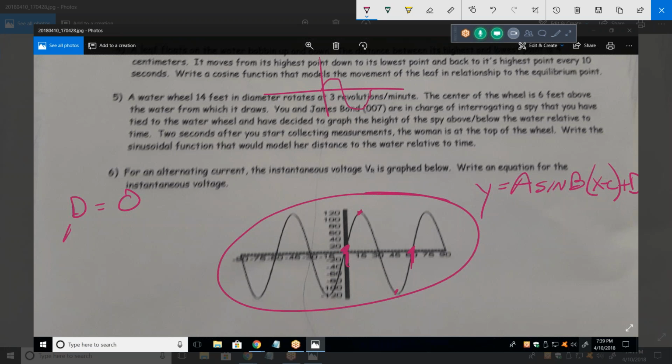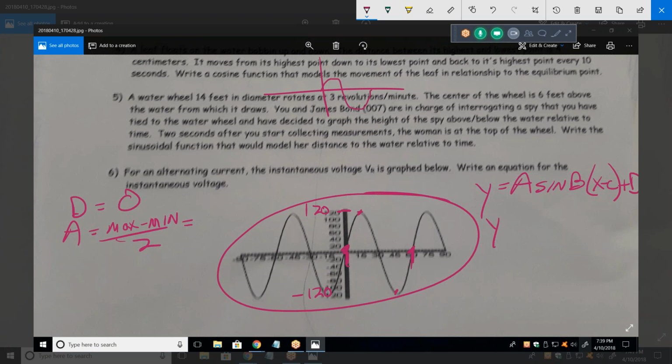Now, remember what A is. A is the maximum minus the minimum divided by 2. Well, the maximum is 120. The minimum is minus 120. Do the math. Tell me what A is. 120.